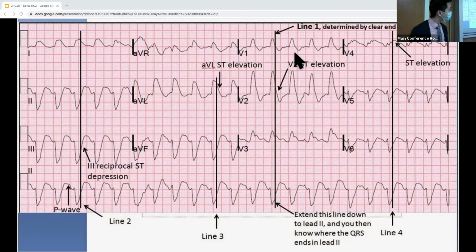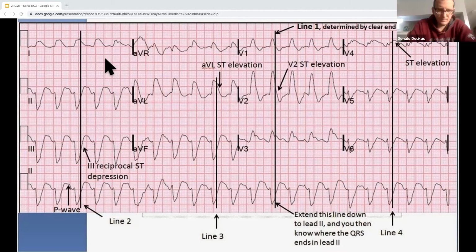When you look at lead 1 over there, you see there's no S, and instead you get ST elevation. It should go down and then come up, but it doesn't. And that's, I think, the clue in this one, that there is an infarct involving some anterior leads, not just the right bundle leads.